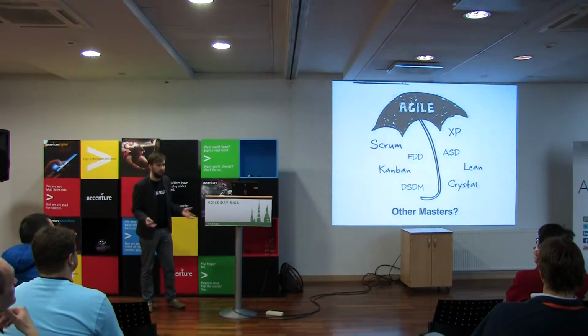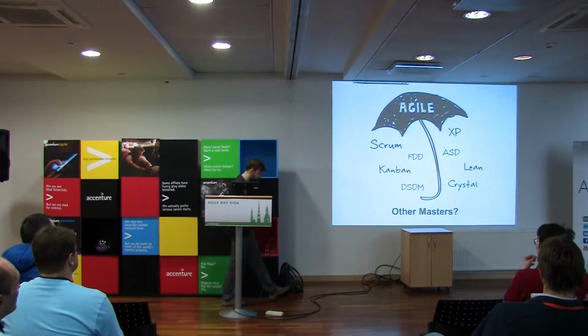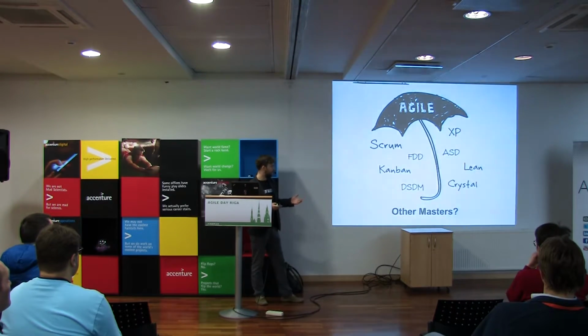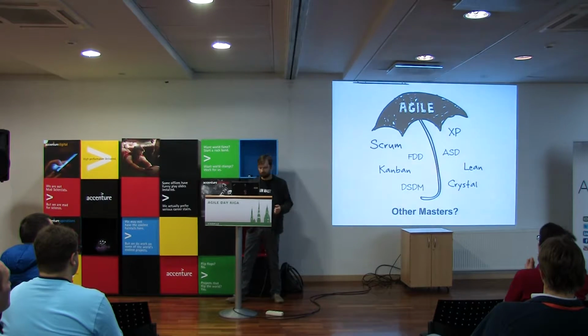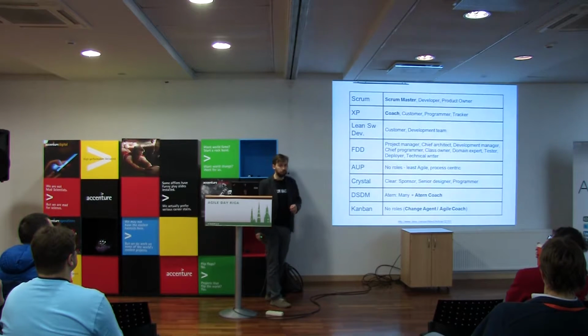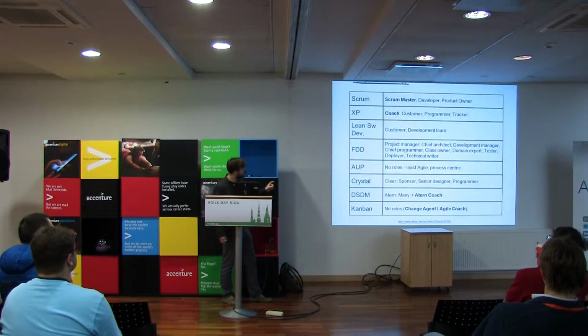It's many other methods, and when I was preparing for this, I was interested in understanding what the masters are in other methods. I did some research, and I created this table based on one interesting article. I put in bold those methods which have something like a Scrum Master, and you can see it's 50-50.